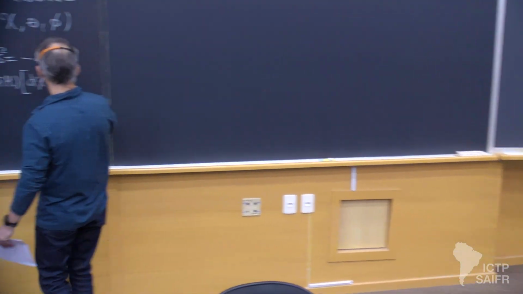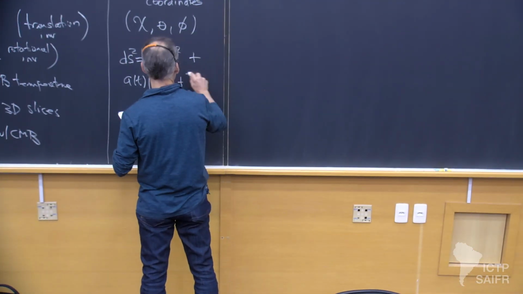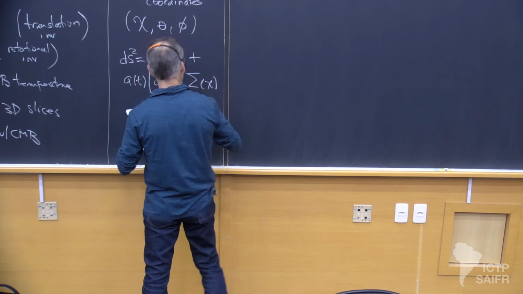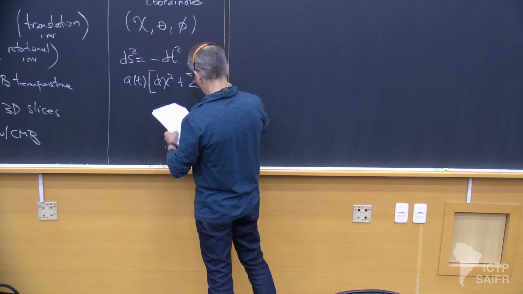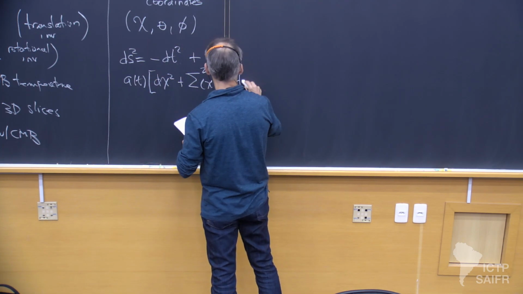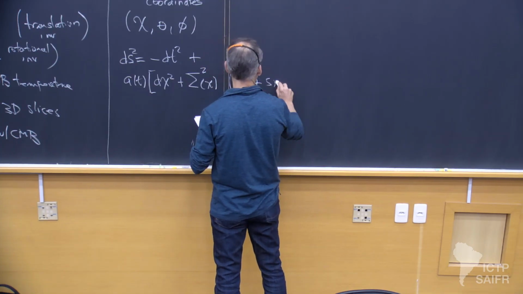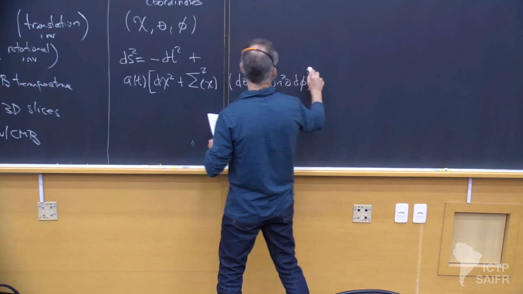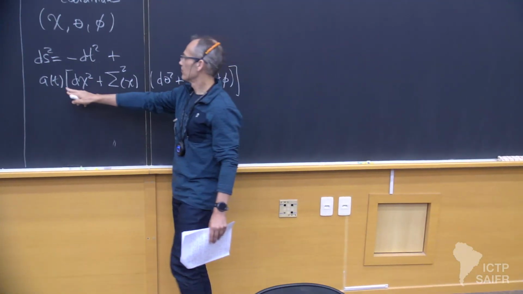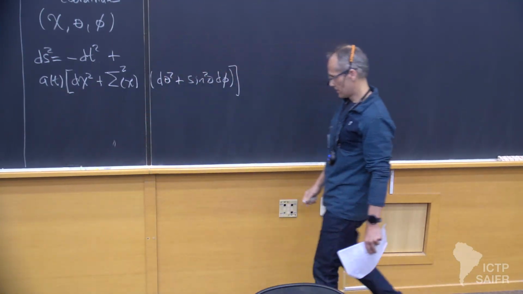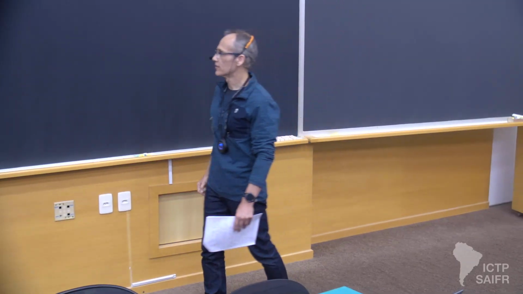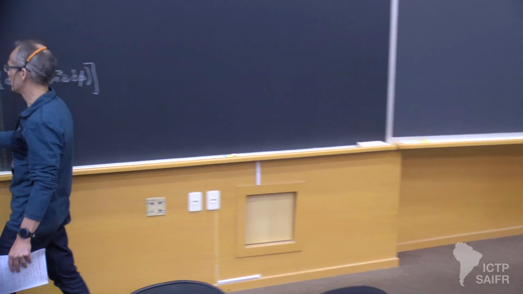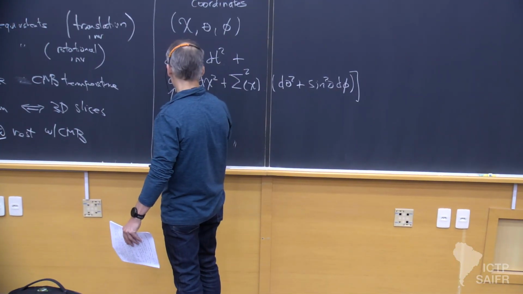And then you will have the spatial part of the metric, which can have an overall function of cosmic time, a of t, which we call the scale factor, a squared.